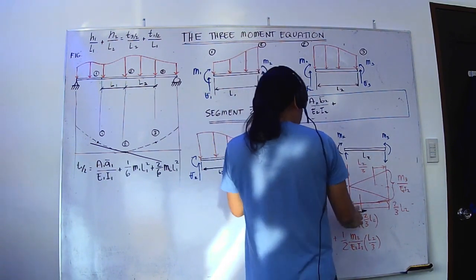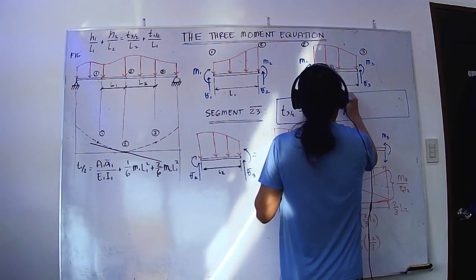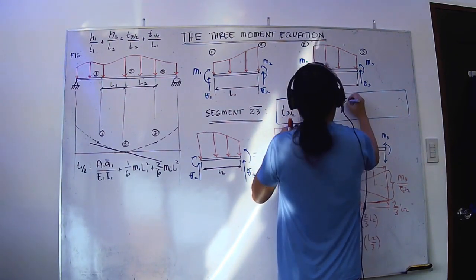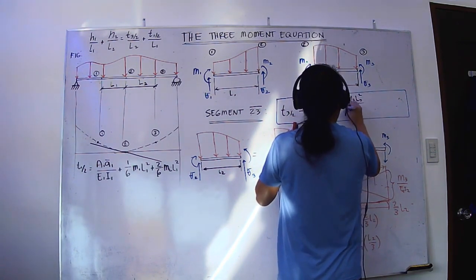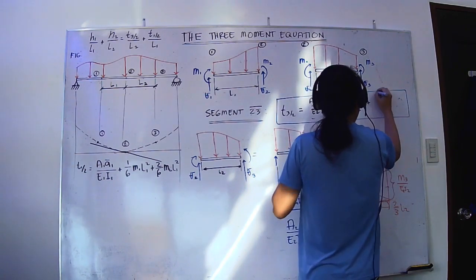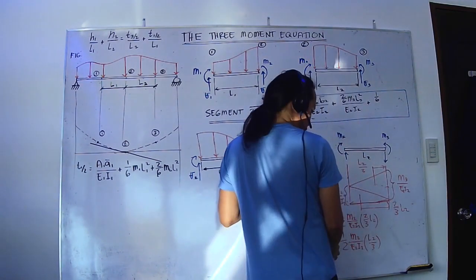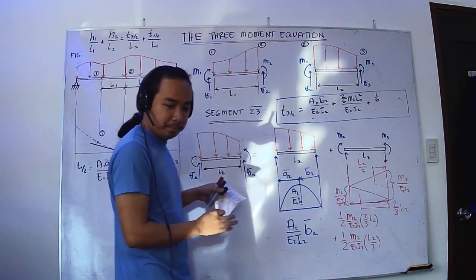This is 2/6 of M2 L2 squared over E2 I2 plus 1 over 6, because 1/2 times 1/3, as you can see.